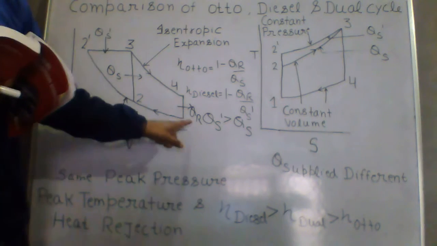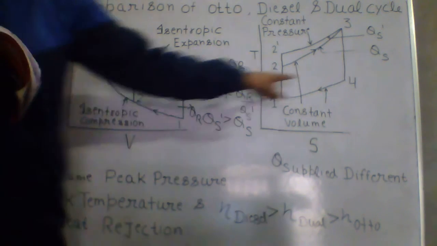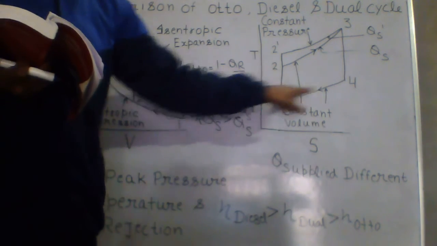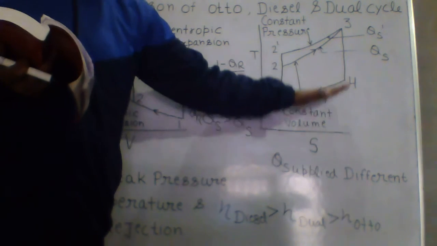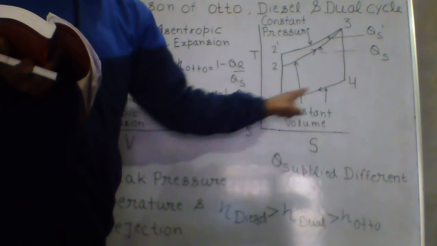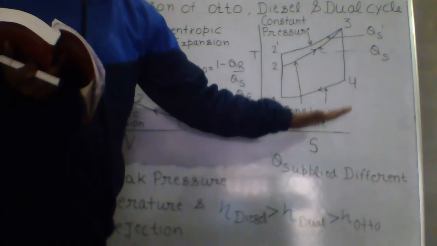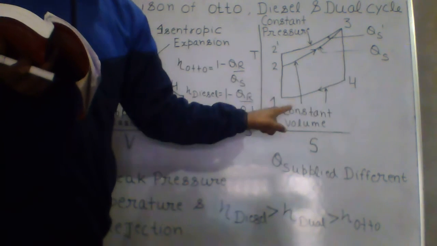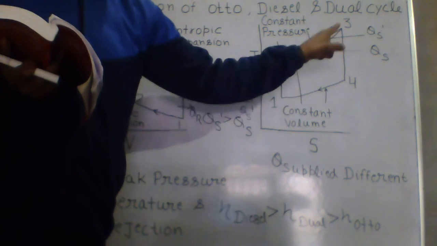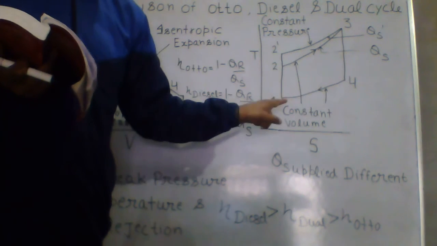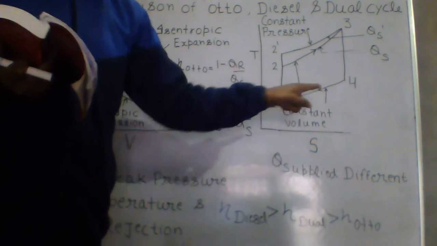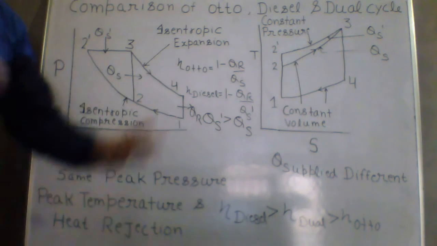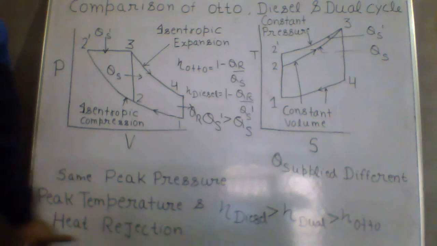The area under the 4 to 1 curve will give you the heat rejection. So this is common in both the cycles. Whether it is an Otto cycle or a diesel cycle, 4 to 1 is same in both cases. So the third condition is satisfied, that heat rejection is same.